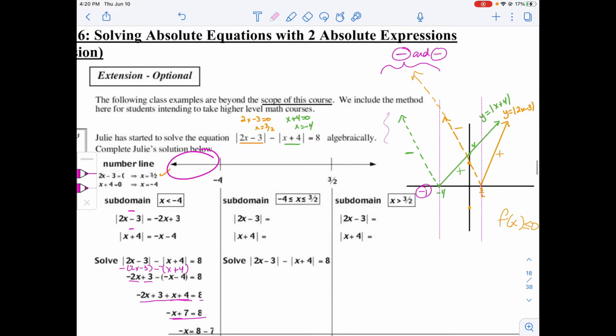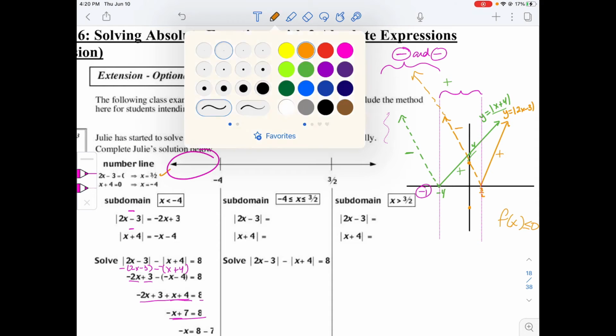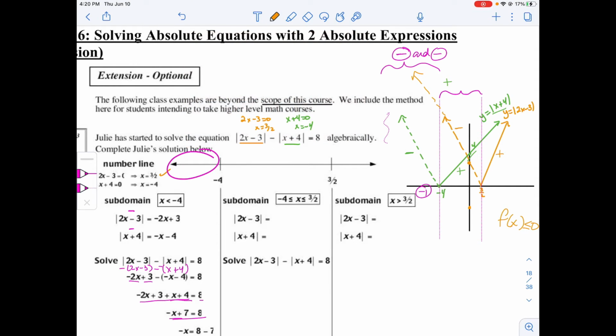Now I want to look at this middle section of these two graphs. In this middle section, the green portion is positive. I could just color code this, I guess. The green portion is the positive, we can see that's the positive green. And we've got the negative orange in there.